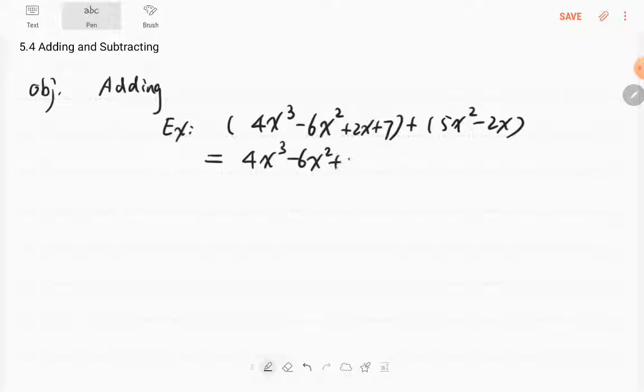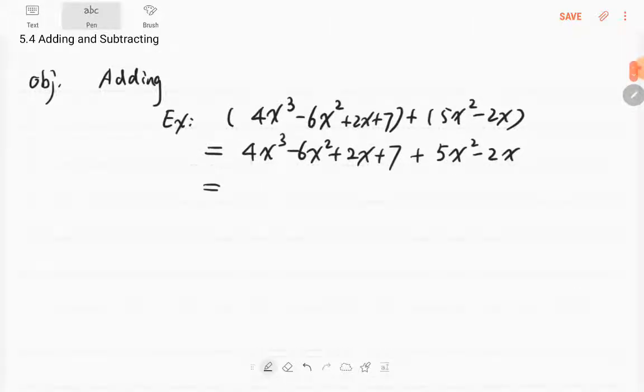We can automatically remove the first parenthesis, and for the second one, we could also remove the parentheses. After that, we should find the like term and then try to combine it. We already talked about how to combine the like term, right?